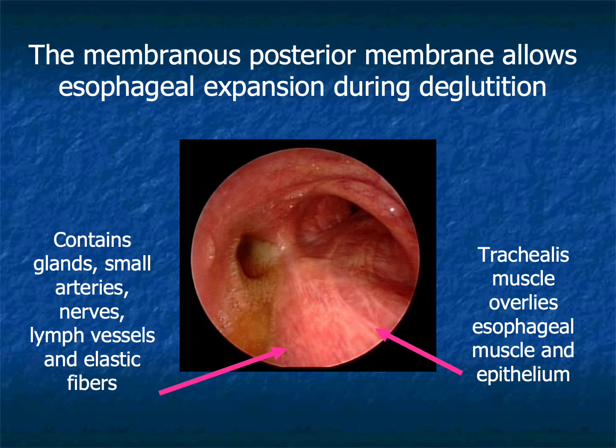Rather than rigid cartilage, the posterior membrane contains connective tissue, elastic fibers, glands, vessels, nerves, and the trachealis muscle. This membranous structure allows expansion of the esophagus during swallowing, while preserving airway flexibility during respiration. The trachea, therefore, represents a compromise between rigidity and motion.